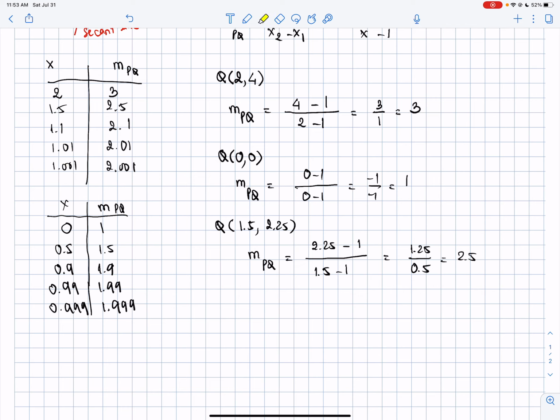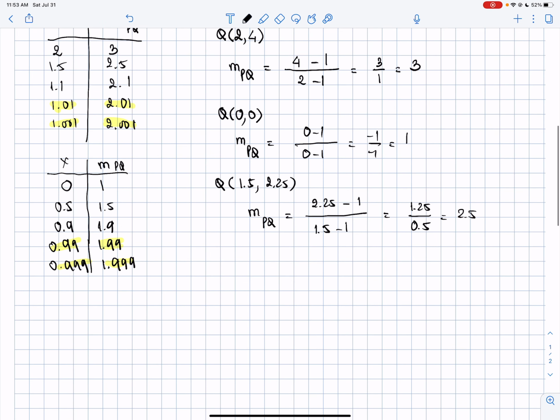Now you notice that the closer the point Q gets to the point P, the slope approaches 2. So you can conclude that the slope of the secant line PQ approaches 2.